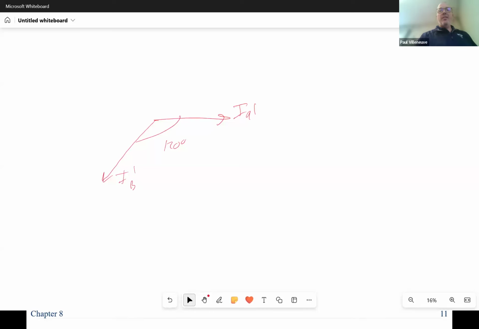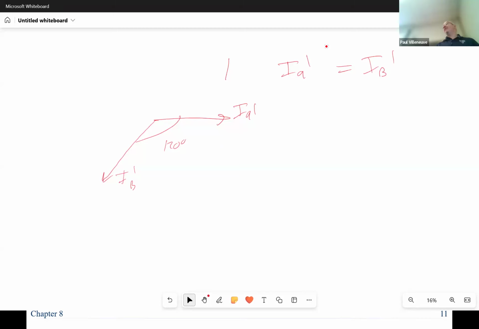So what do I need to do to IA1 to make it become IB1? Not a tough question. I have to phase shift it by 120 degrees. What do I do to the magnitude? They're the same. So if I multiply that by 1, magnitudes are the same.